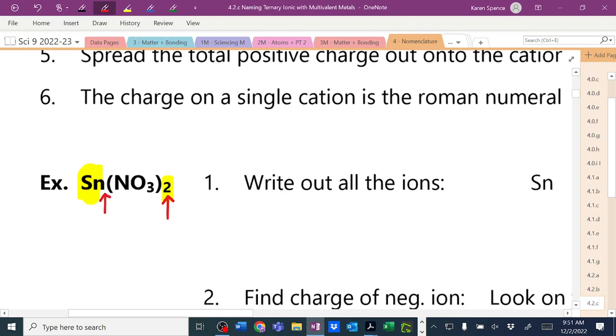So that tells us how many Sn do we have? 1. How many NO3s do we have? We have 2 of them. So we would write it down twice. NO3, NO3.